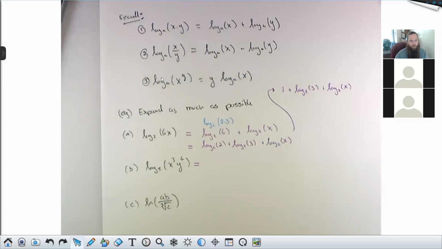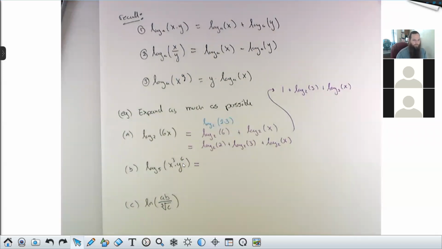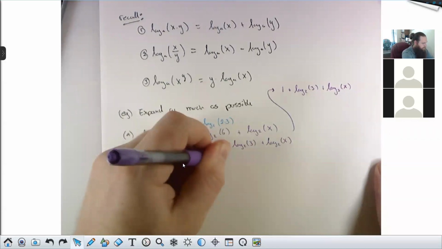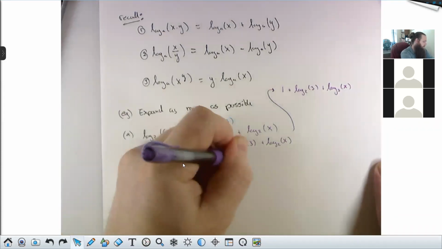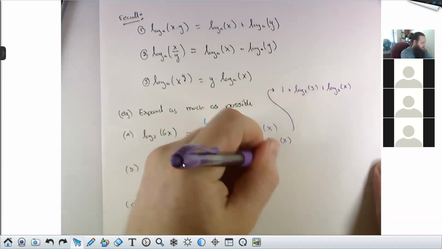Before I could use this rule, I have to have just a log with a single thing raised to a power inside, and right now I don't have that. But what I do have inside there is a product like the last one. So I can begin by writing this as the base 5 log of x cubed plus the base 5 log of y to the 6.